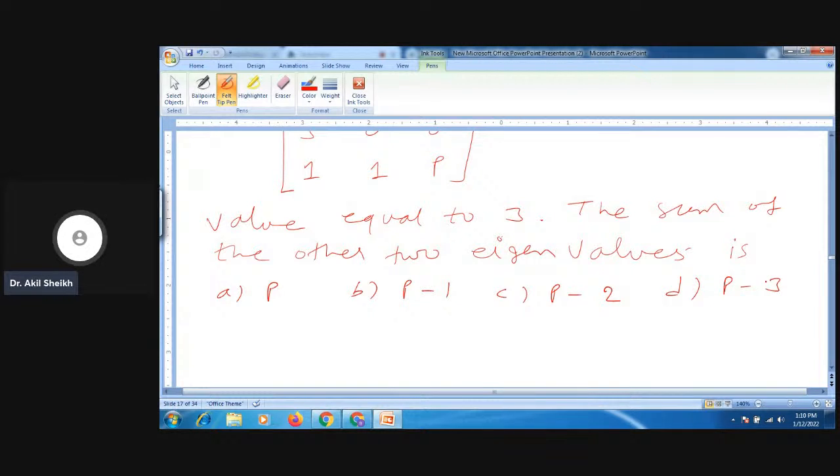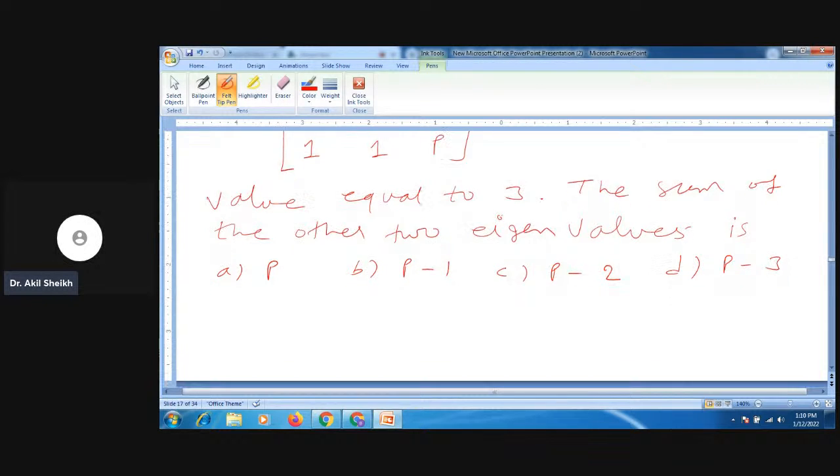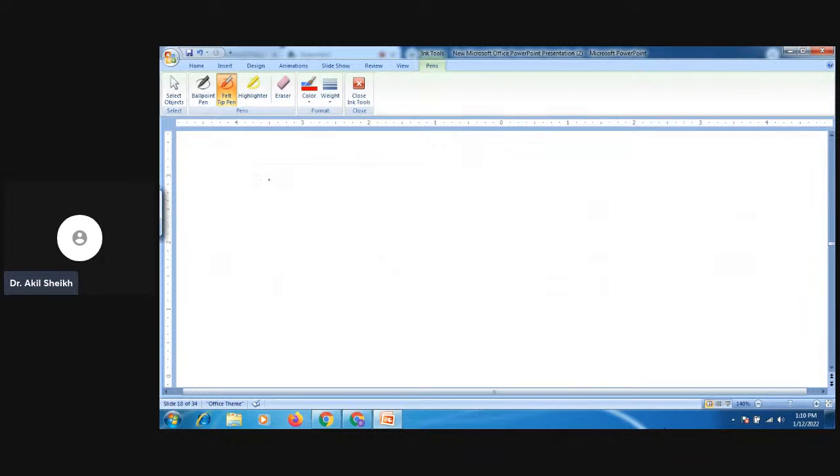This question can be asked in another way. Instead of p, there may be any value, and the options will be changed also. Then what is the question? The given matrix has one eigenvalue which is equal to 3, and we have to find the sum of the remaining eigenvalues.